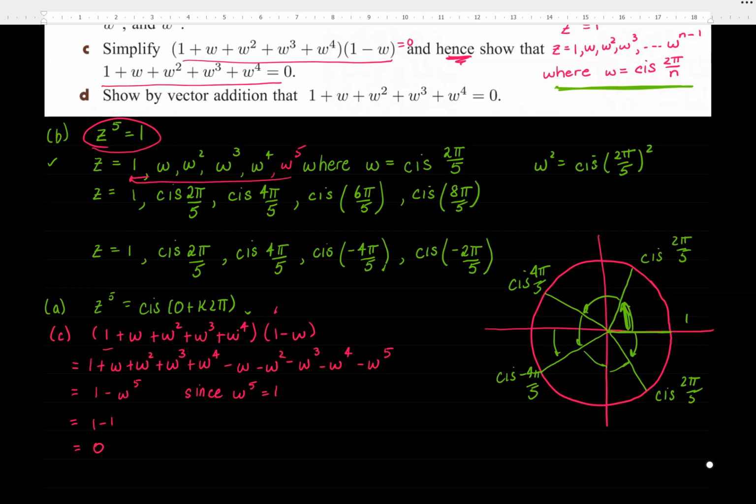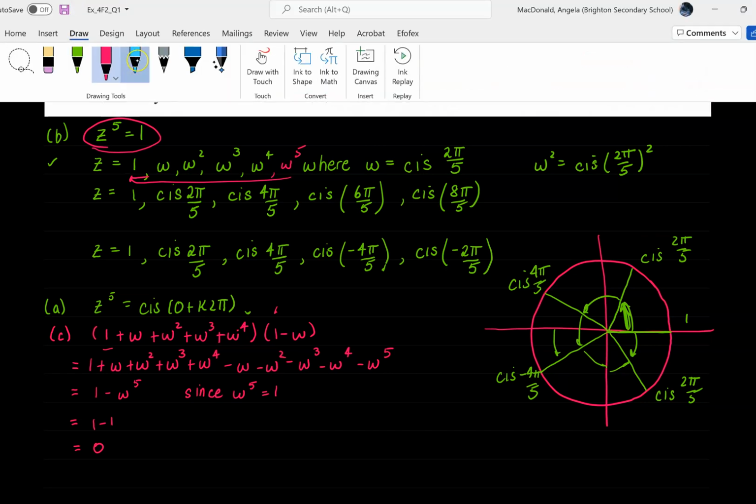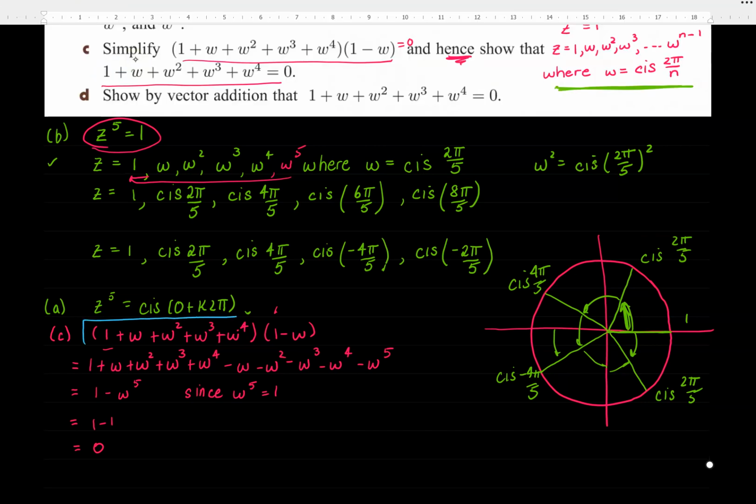So going back to our factored thing over here, right? Why does this factor equal 0? Well, if we go back and look at our roots here, there's our w, right? That cannot equal 1.